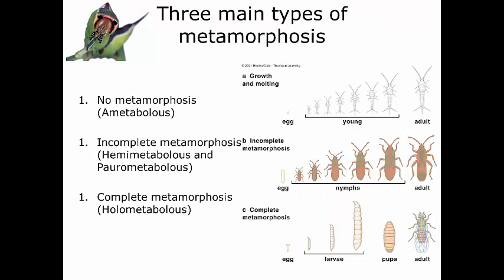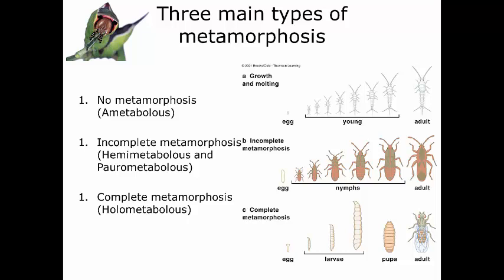Now, there are three major types of metamorphosis based on if an insect forms a pupae or not, or if the insect goes through a dramatic change in its life cycle or not. The first is characterized by no real change. We call this ametabolous. The second is characterized by a very slight change from young to adult. It's known as incomplete metamorphosis.